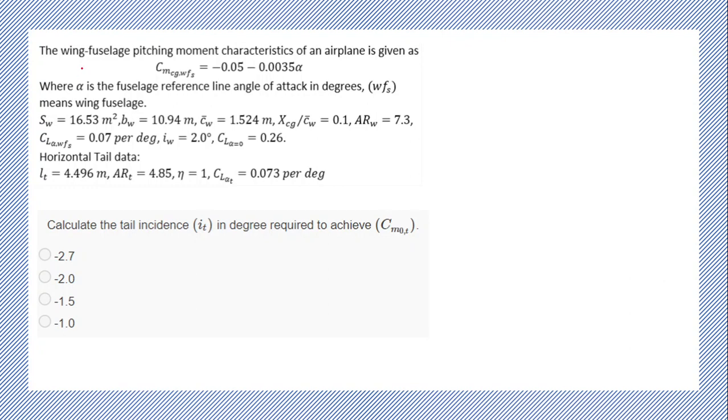What was the formula? So CM naught tail was eta VH CL alpha tail into I wing minus epsilon naught plus epsilon naught minus I tail.